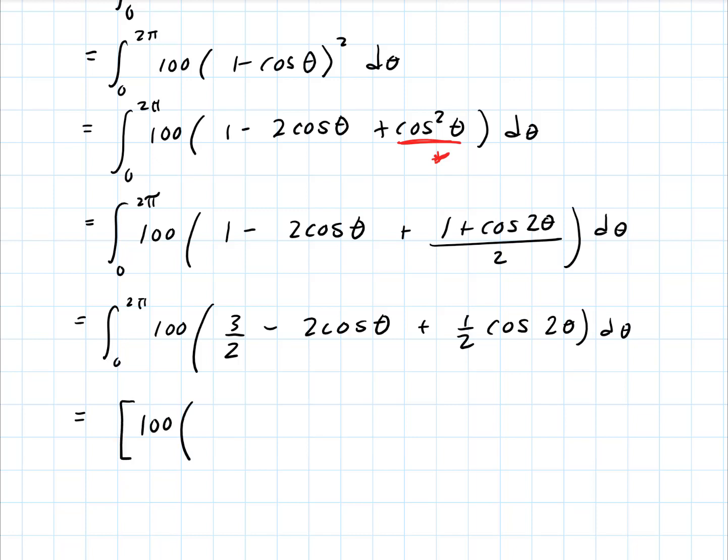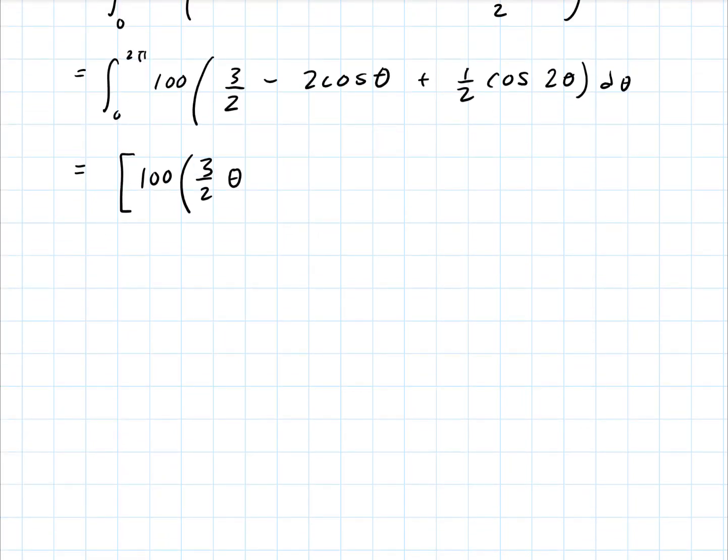So we're going to have 100, 3 halves theta, minus 2 sine of theta, plus 1/4 sine of 2 theta, all evaluated from 0 to 2 pi. And check that out.